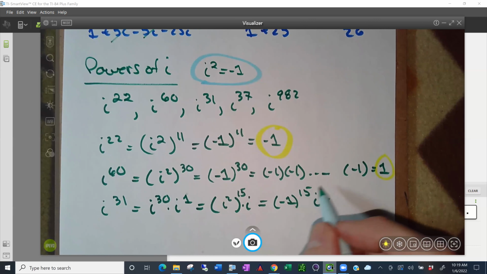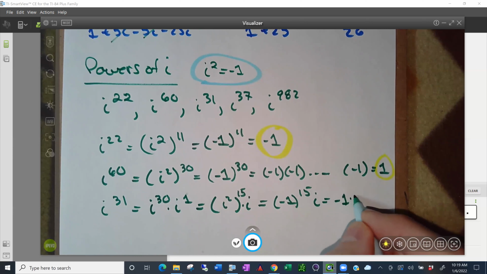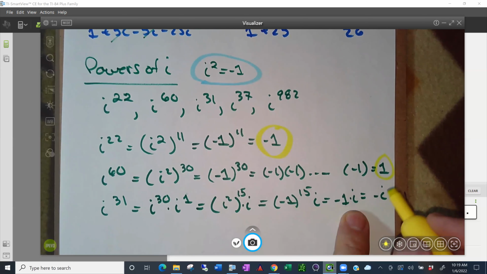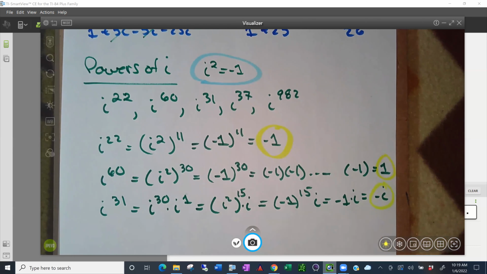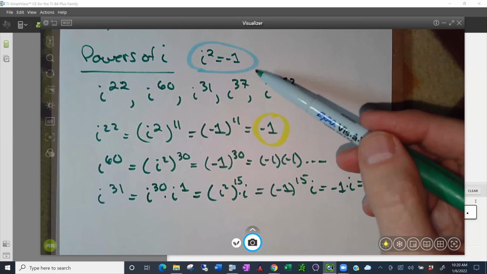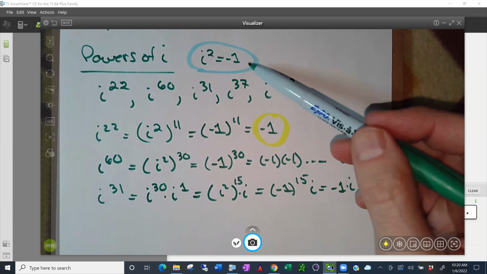And -1 to an odd power is -1. -1 times i, we'll just write it as -i.